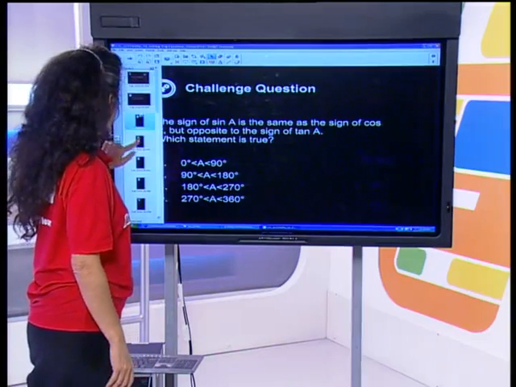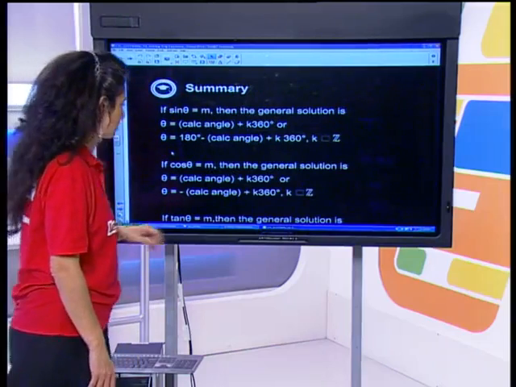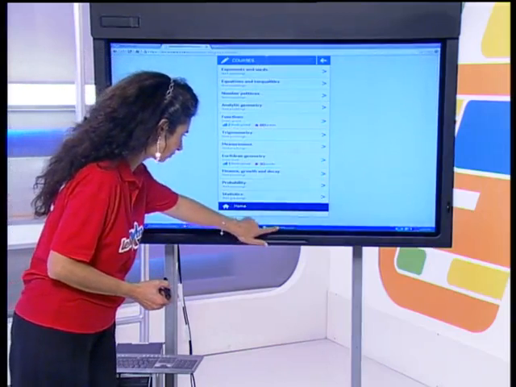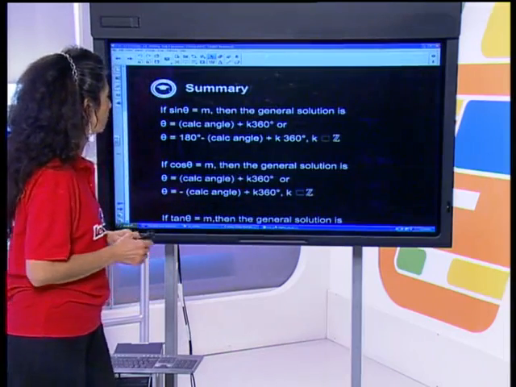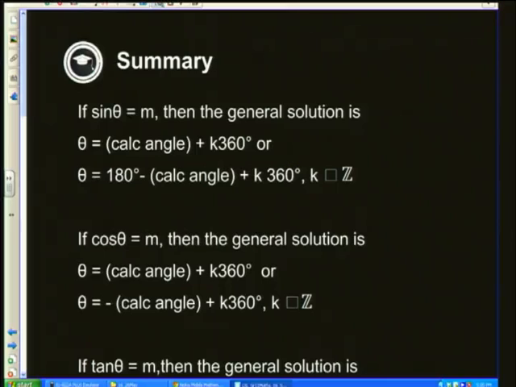Right, so we now have a little summary about the section that we're going to be starting off with. We have, firstly, a statement: sine theta is equal to m, and that is often how we want to get our trig equations.